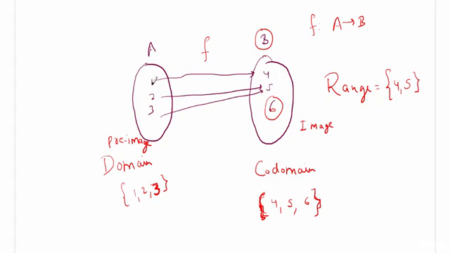So you will say that element 4 is the image of element 1, element 5 is the image of element 2, or you can say that element 1 from set A is the pre-image of element 4 from set B, and so on. These two terms are also used very often. Image actually means range only. So if somebody asks you what is the image of this function, you will say it has two elements, 4 and 5. Alright guys, clear with the concept of codomain, domain, range, pre-image and image?